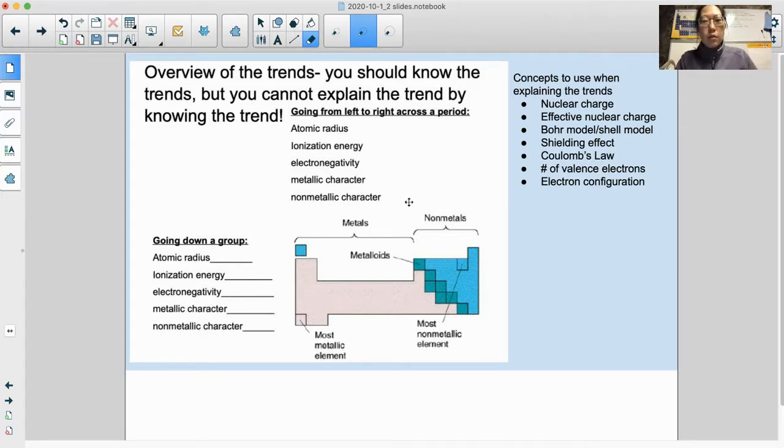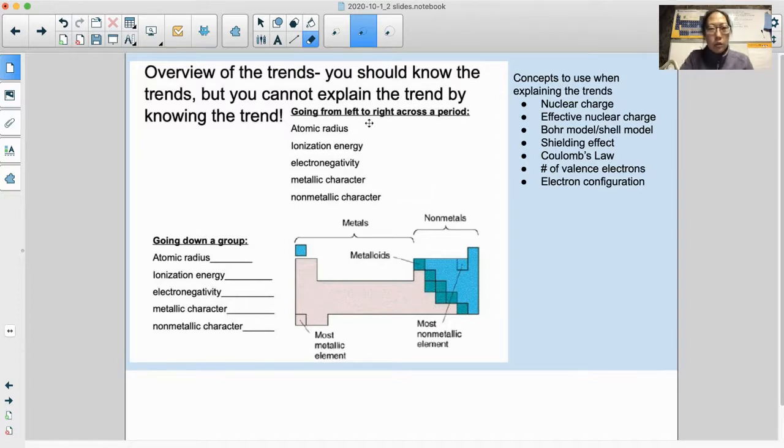That's not an acceptable explanation. That just tells me that you memorized the trend, which you should. You should definitely memorize the trends, but you can't use them to explain why something is bigger than the other or something has a higher ionization energy, etc.